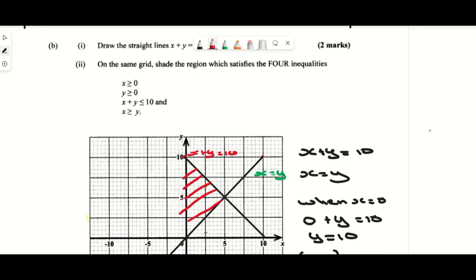And then x is more than or equal to y, which is above this line. So it's below this line here, but above this line here. So this would be this region that you see me shaded in red.